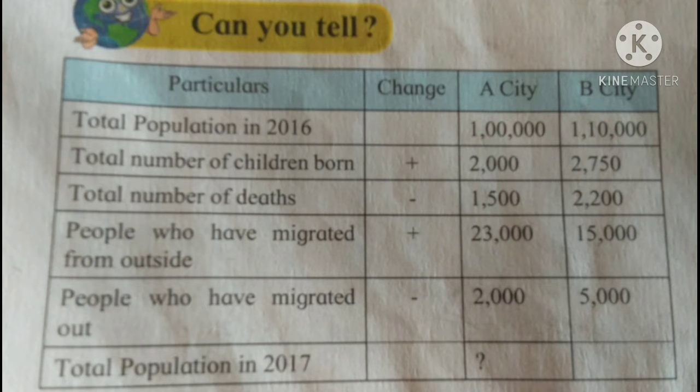So you will add that with 1 lakh. Then total number of deaths. So death means you have to deduct, you have to do subtraction. Then people who have migrated from outside to this place, so you will add, that is 23,000, you will add this number. And then people who have migrated out, so that will be deducted, 2000 will be deducted.